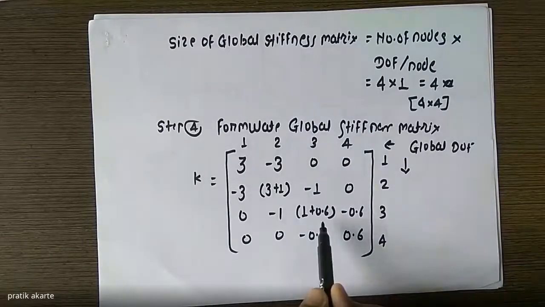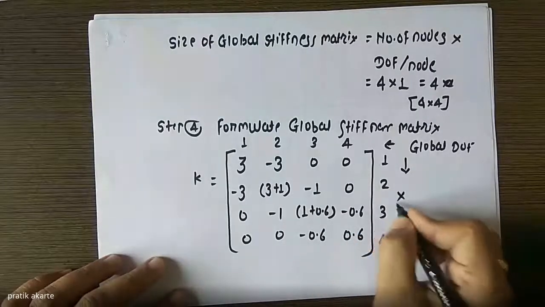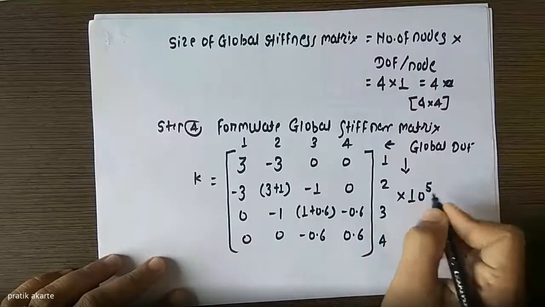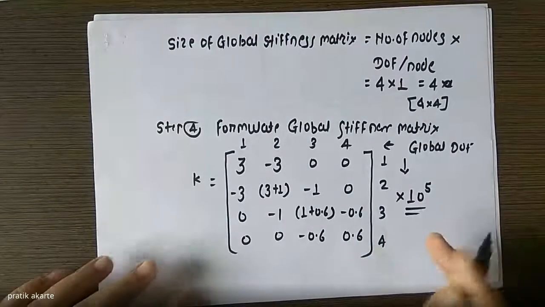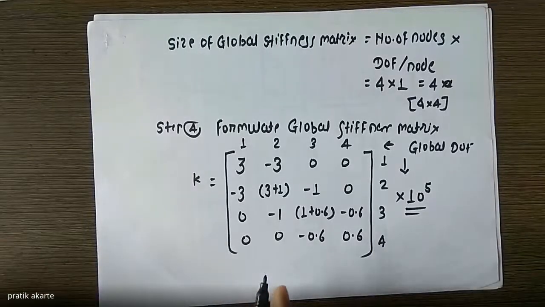If it is minus 0.6, you should write 1 minus 0.6. And I have 10 raised to 5, so don't forget to write this 10 raised to 5, which is common to all.